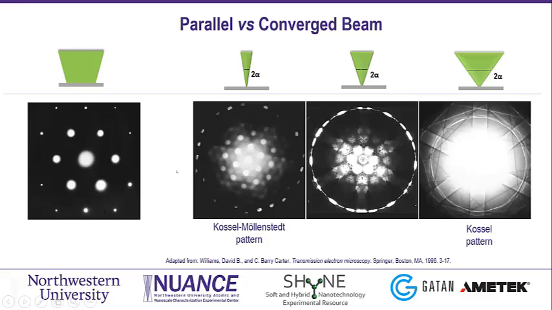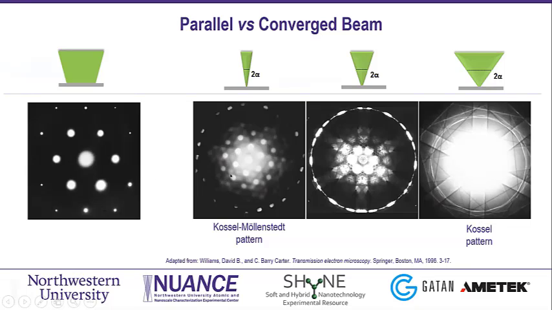And these are a few examples here. As you change the convergence angle, given by this 2 alpha value here, you can achieve different convergent beams. From the left to the right here, you can move from a smaller convergence angle, which is a Kossel-Möllenstedt pattern, to a Kossel pattern.